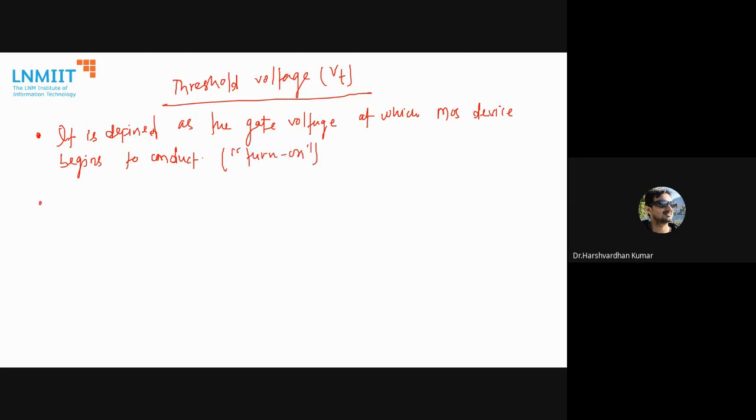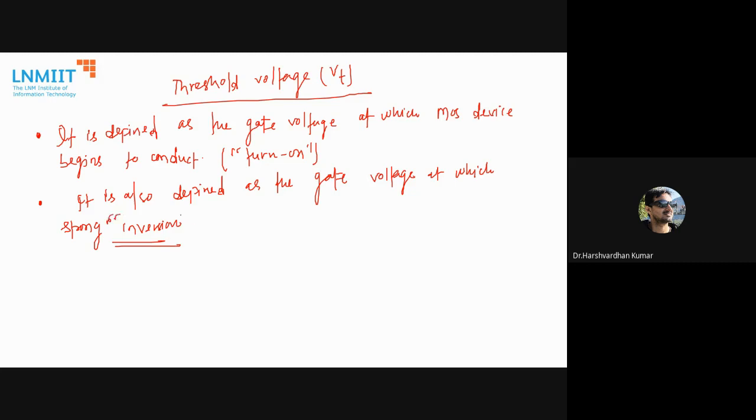Okay, now the second point is that it is also defined as the gate voltage at which strong inversion occurs. This is the mode of operation of MOSFET. So we will also learn about inversion today.